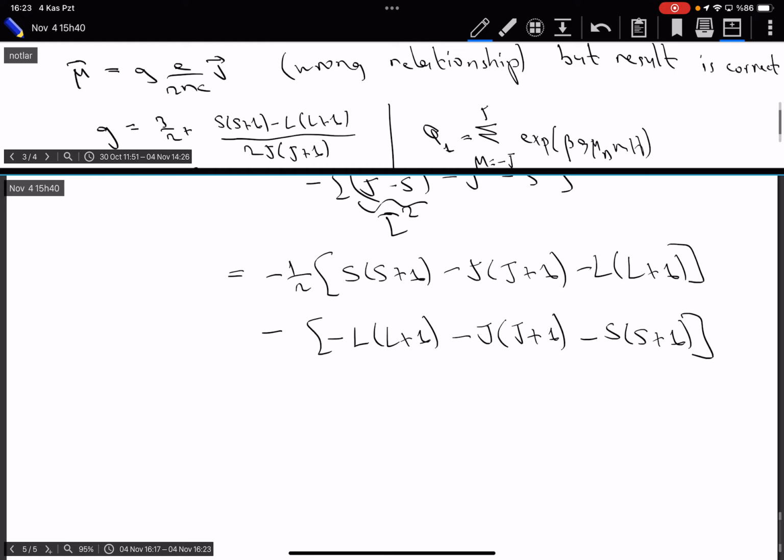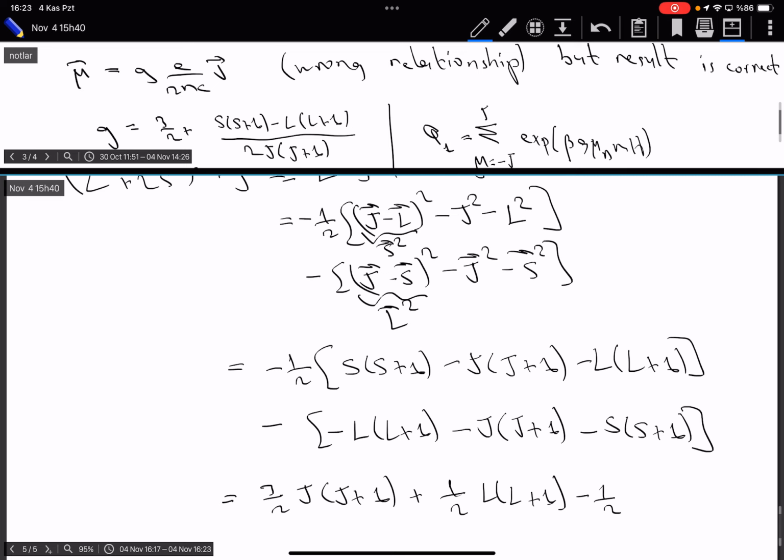And let's simplify it a bit. I have 3 over 2 j plus 1, and then plus 1 over 2 l plus 1 minus 1 over 2, no, this is plus, by the way, sorry.